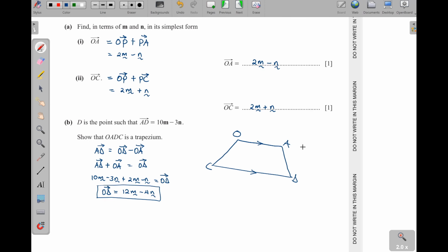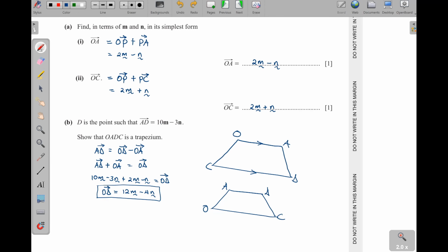Already we have AD. Now let's see the connection between AD and OC. Why have I written it like this? Because another person would have said maybe the trapezium is like this: OA, then D, C. So let's look at AD, which is this one, and then OC.